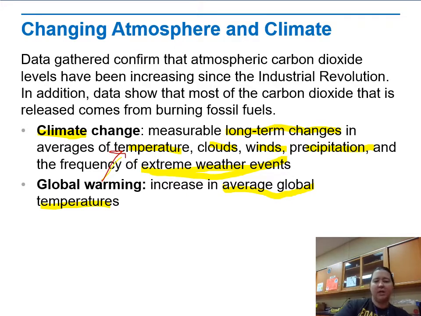But climate change actually encompasses a lot more than that, okay? Climate change also encompasses dramatic snowstorms, all right, or ice storms, all right, talking about changes in hurricanes, the amount of hurricanes, the amount of tropical storms, okay? So there's more to it, but they are related, but they are not synonymous.